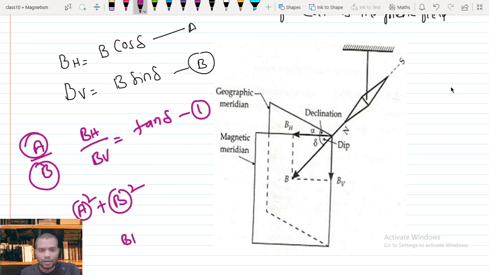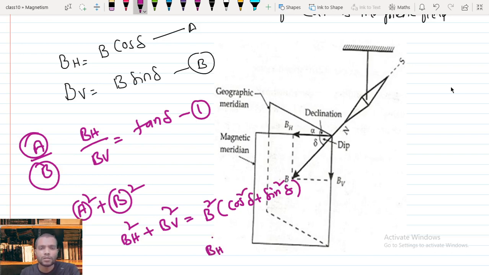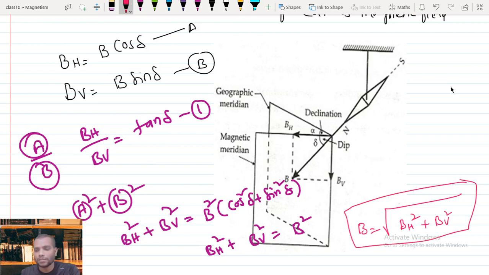We get the horizontal component squared plus the vertical component squared equals B squared times cos squared delta plus sin squared delta. You know that cos squared delta plus sin squared delta gives 1. So B_H squared plus B_V squared equals B squared itself. Now we can get the magnitude of the magnetic field, B equals the square root of the horizontal component squared plus the vertical component squared. It's a simple equation.